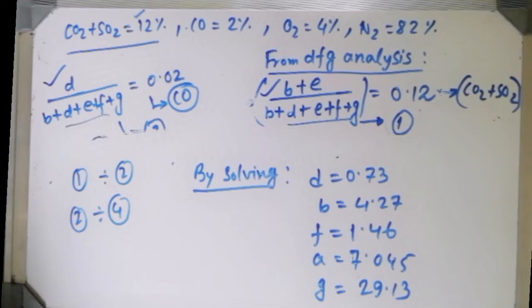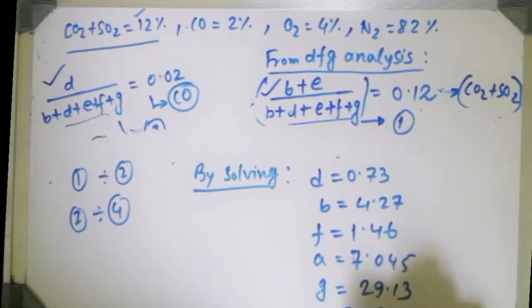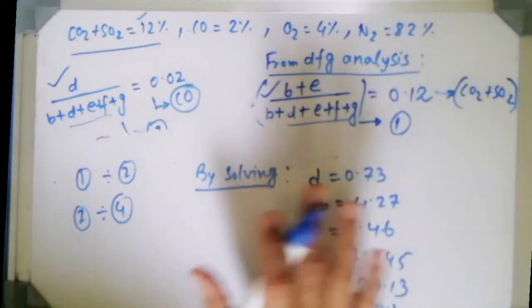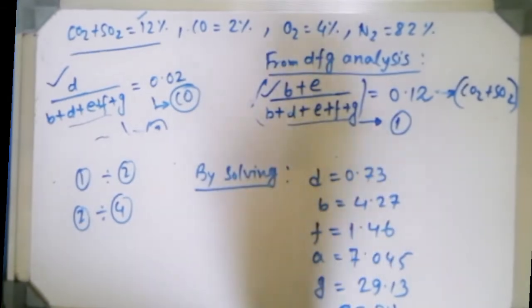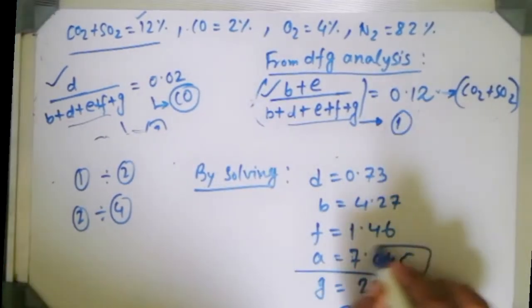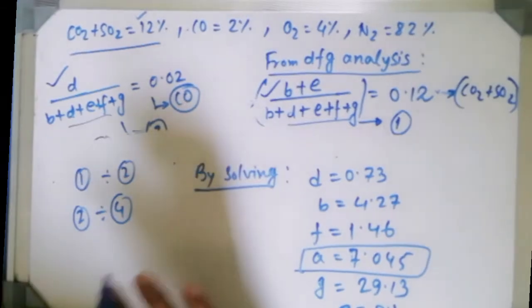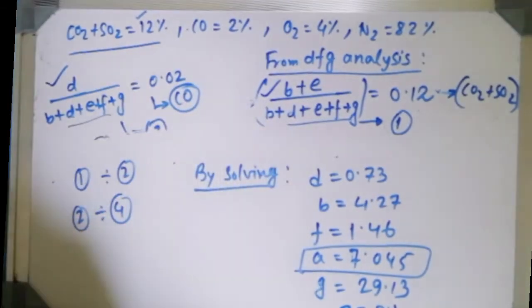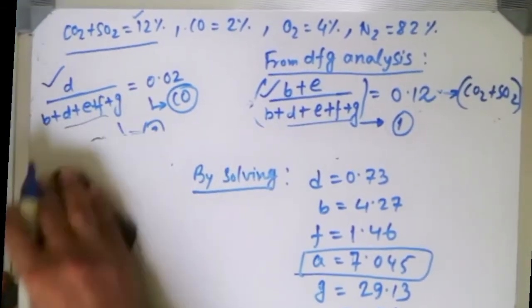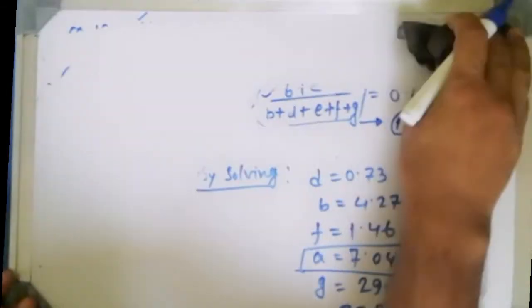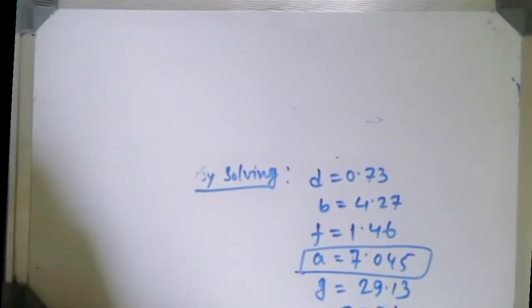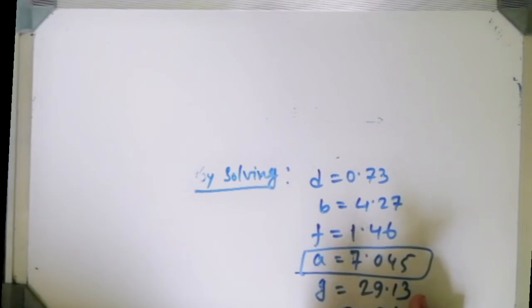So now you can find the actual amount of air. How? Simple technique. The A value is nothing but the moles of oxygen you are supplying for the complete combustion. We have considered the fuel as coal.